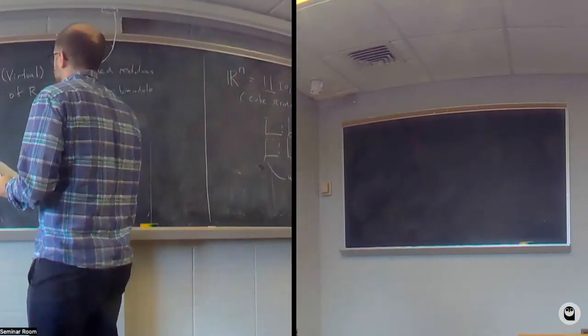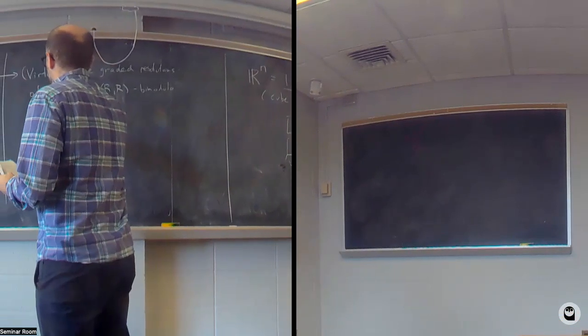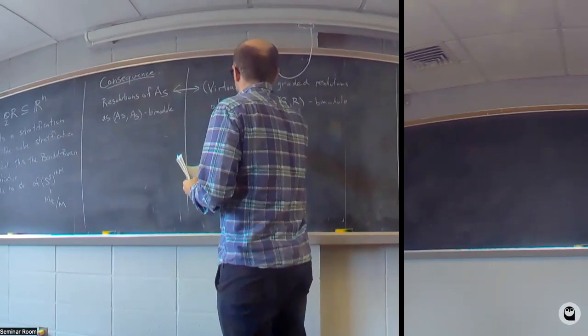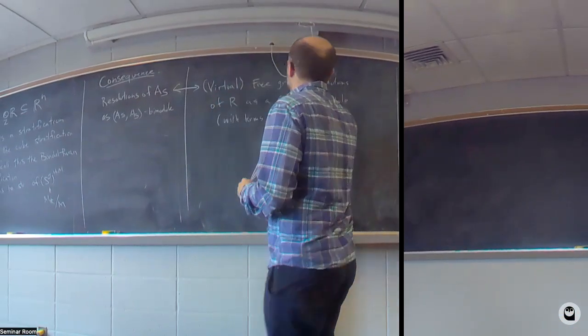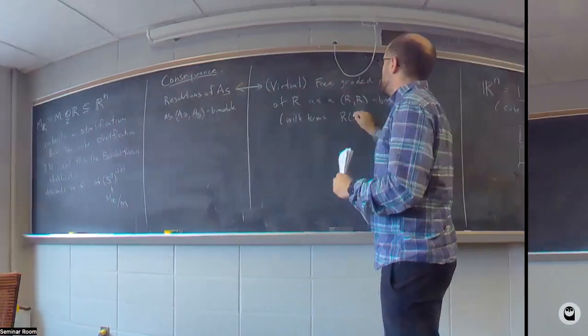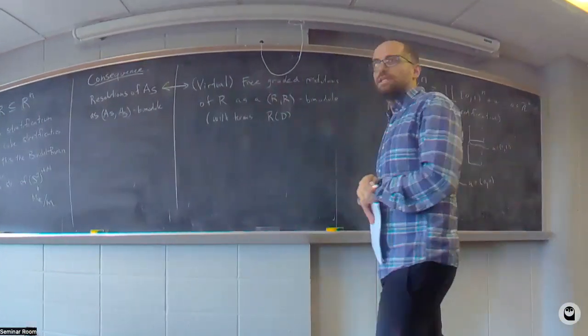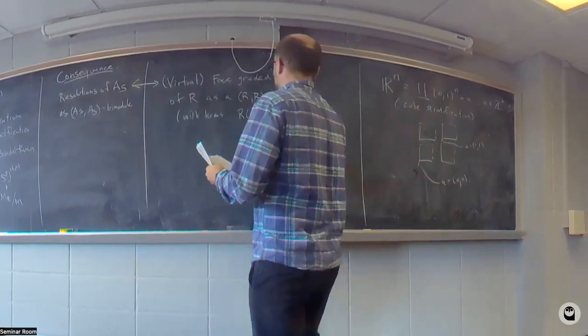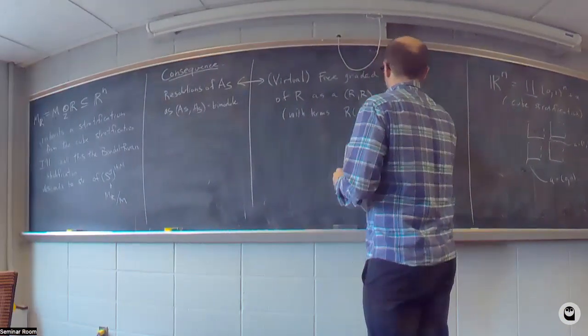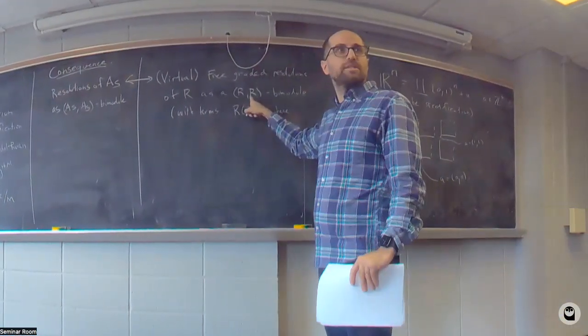And then I can say a little more with terms. So free, I mean R twisted by D, or D. We can say more about the actual terms in this resolution.